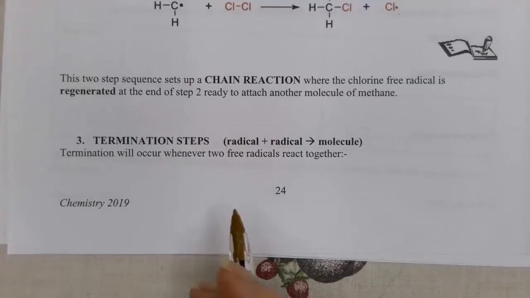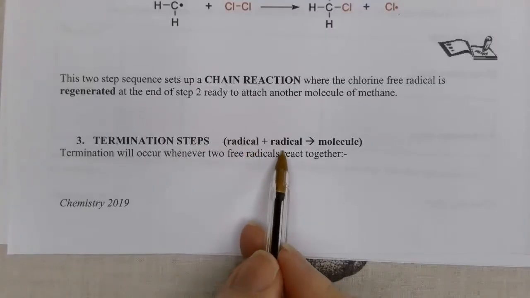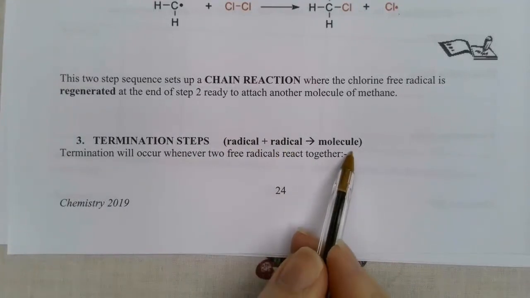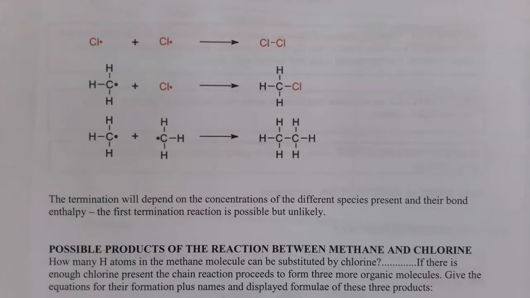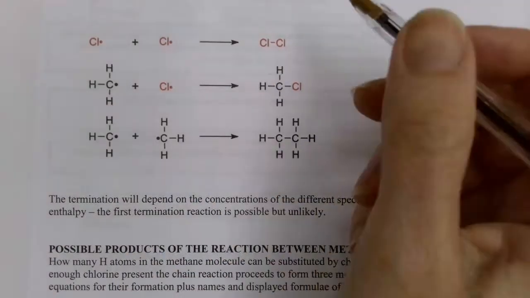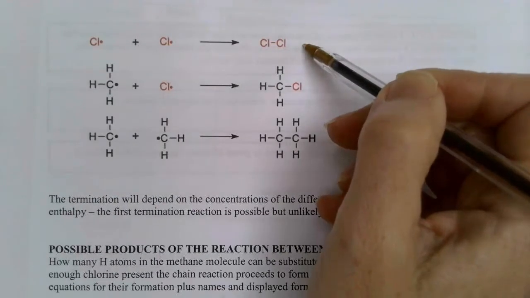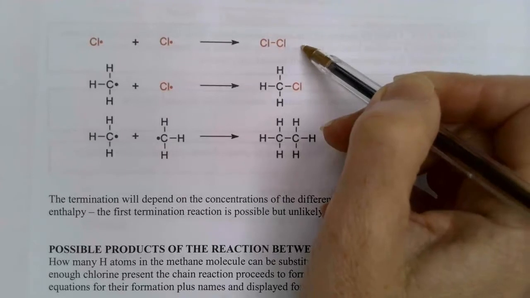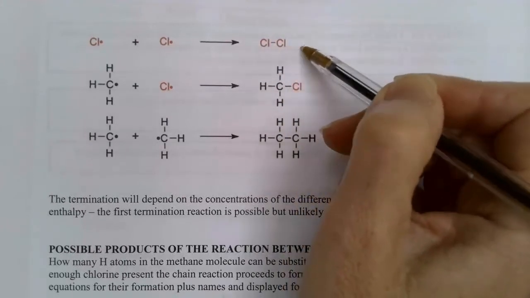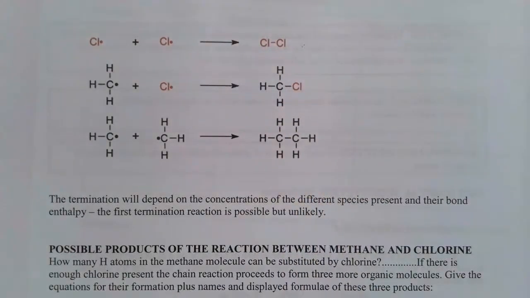A termination step is where any two free radicals react together to form a molecule. Technically, for this reaction, there are 3 termination steps. Although this first one, the two chlorine free radicals reacting together to reform a chlorine molecule, is unlikely, as this chlorine molecule is likely to be used up in part of a propagation step.